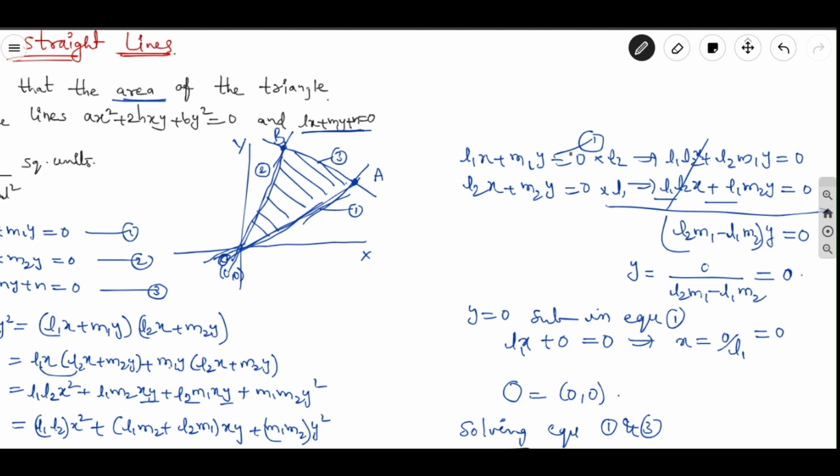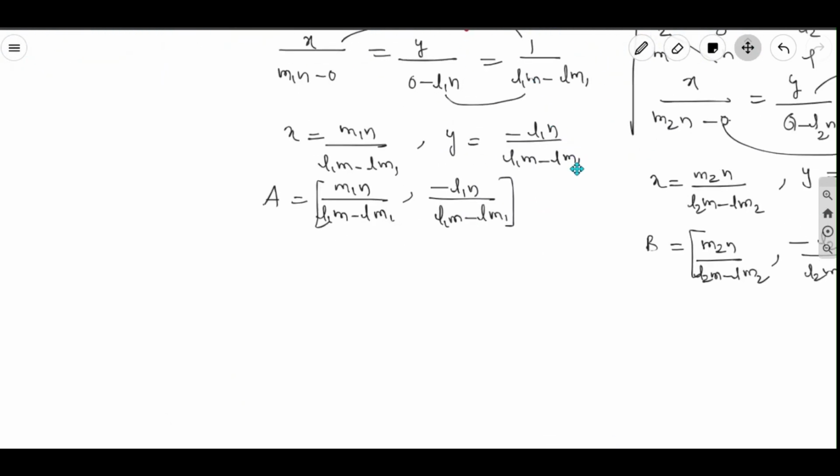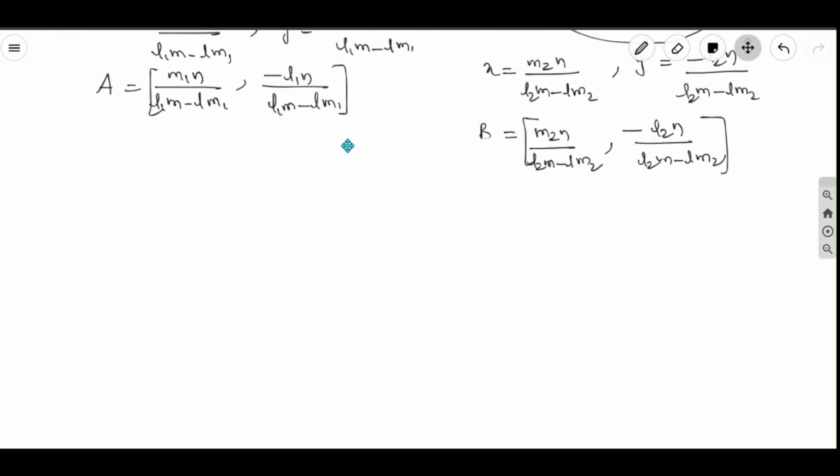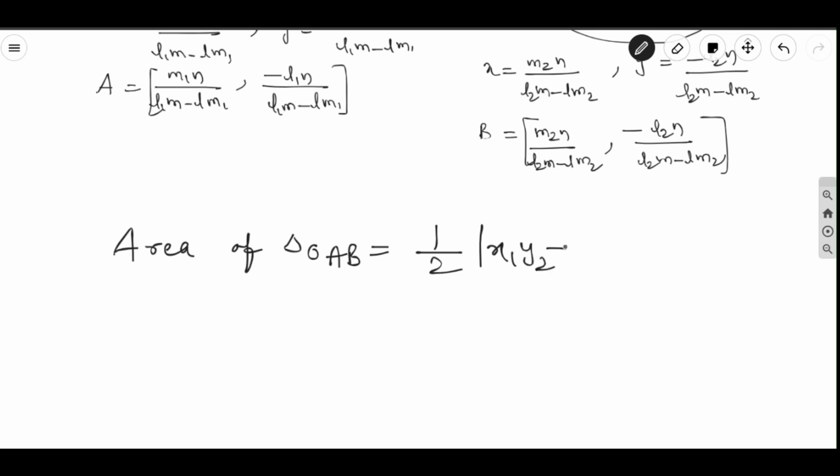The area of triangle OAB equal to half modulus of x1 y2 minus x2 y1.